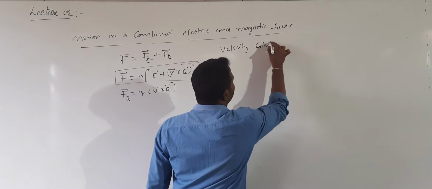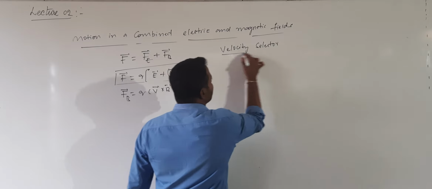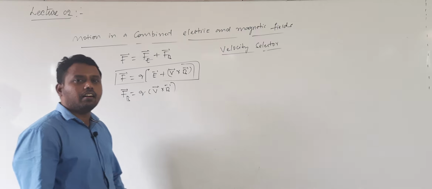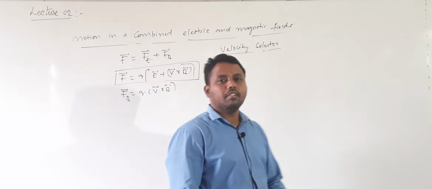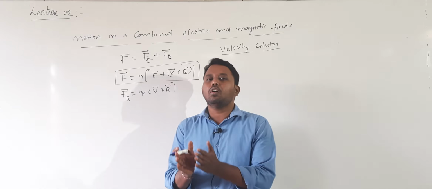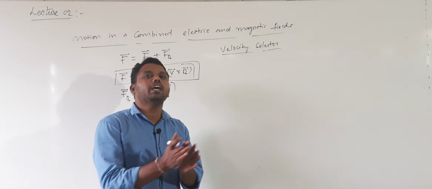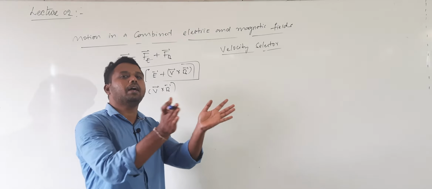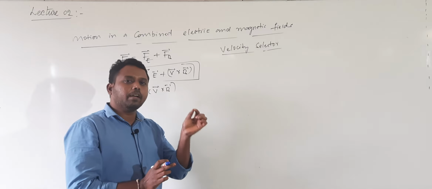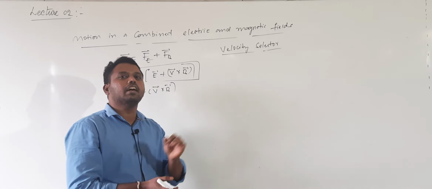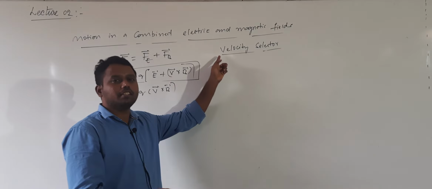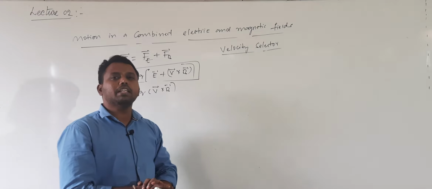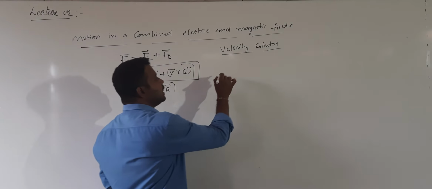What is velocity selector? Velocity selector is an experimental setup to obtain a particle of required velocity, to separate the particles from the beam of particles. If I want a particle of particular velocity, we can go for this method, that is called velocity selector.